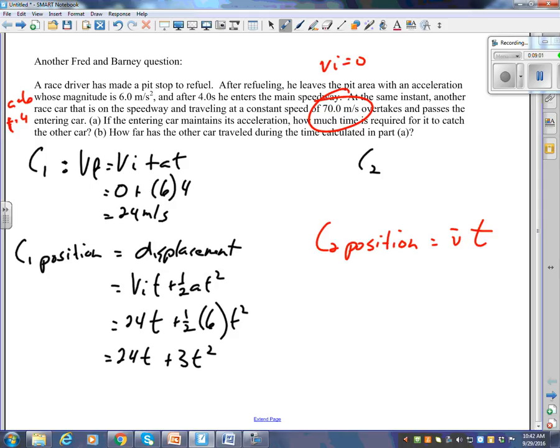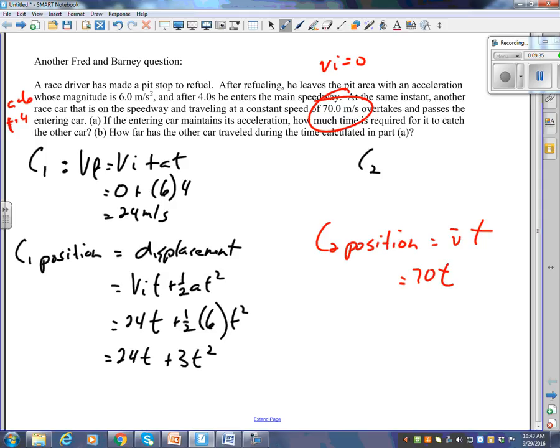Constant velocity. There's no acceleration. If you want, you could write VIT plus a half AT squared. What's the acceleration? 0. What's the VI? 70. Does it stay the same? Uh-huh. These are the same thing, aren't they? So C2's position is going to be 70t. Right?